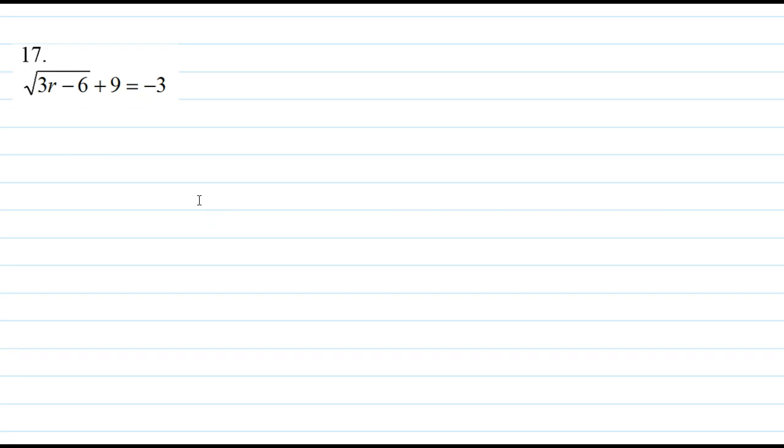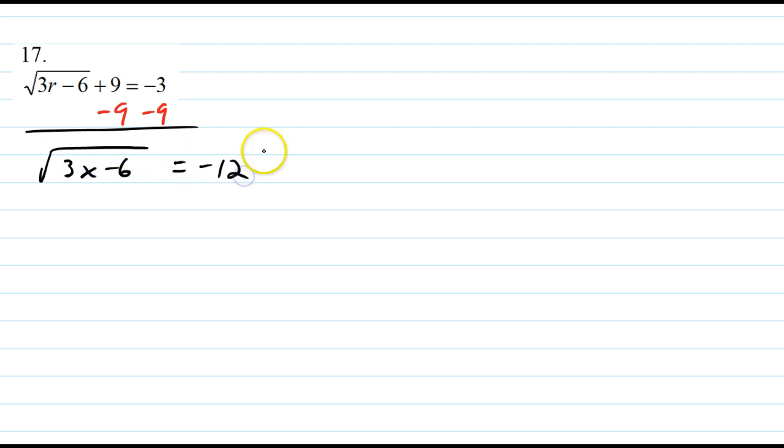All right, number 17. We pretty much do the same steps. We're going to minus 9 from both sides. And the square root of 3x minus 6 equals -12. Now we square both sides.